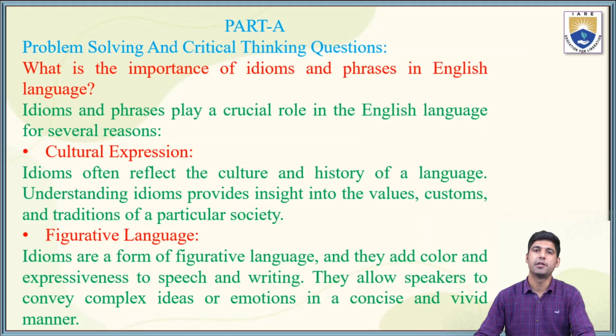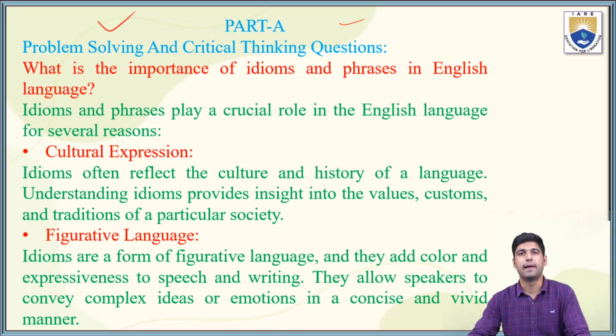As far as your question paper is concerned, it has three parts: Part A, Part B, Part C. Part A contains critical thinking questions and problem solving questions, where your problem solving skill and critical thinking skill will be checked.